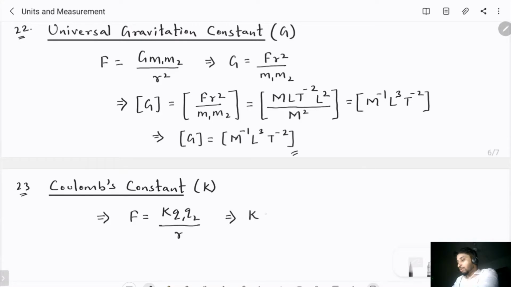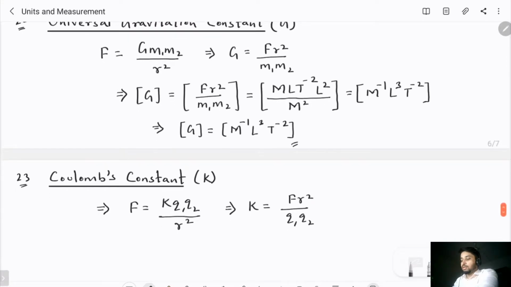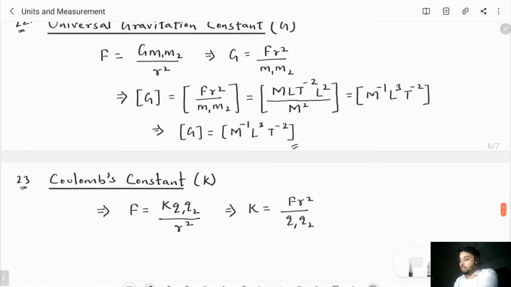So we can simplify the expression, here r square will come, and Coulomb's constant becomes Fr square by Q1 Q2. In a similar way, the dimensional formula for Coulomb's constant will be the same as that of Fr square by Q1 Q2.